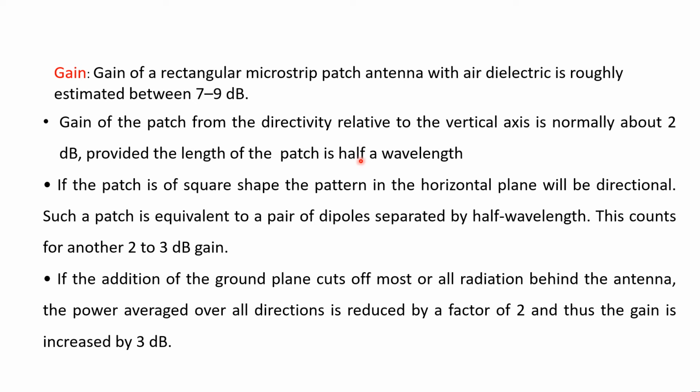That counts for almost 2 to 3 dB gain, and along with that, if the ground plane is cut off, or almost all radiation behind the antenna is cut off, then the gain will be increased by 3 dB. So considering all these parameters, the gain will be around 7 to 9 dB.